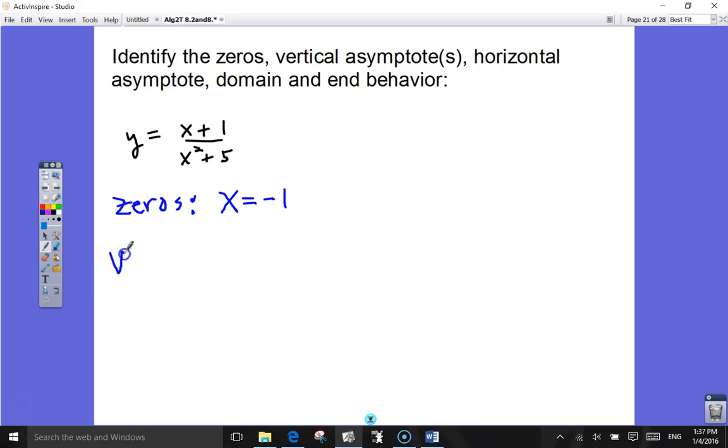The vertical asymptotes are x equals the zeros of the denominator. What are the zeros of the denominator? If you plug in 5 or -5, what is 5 squared or -5 squared? 25, right? 25 plus 5 does not equal 0.